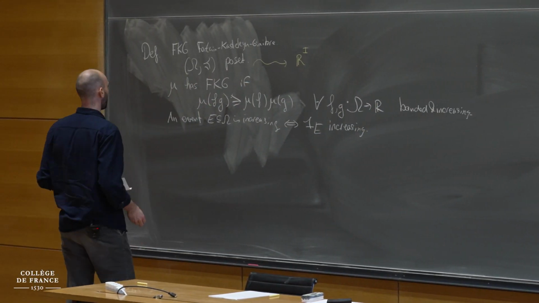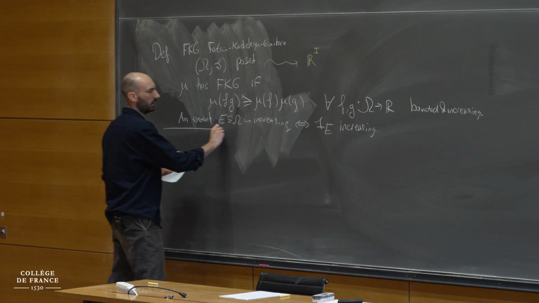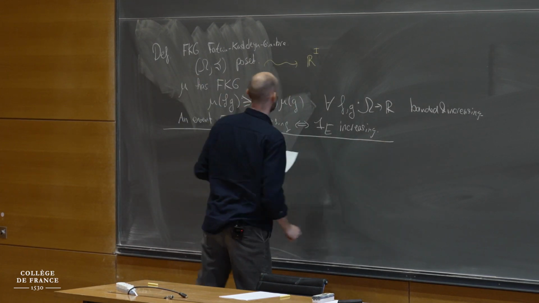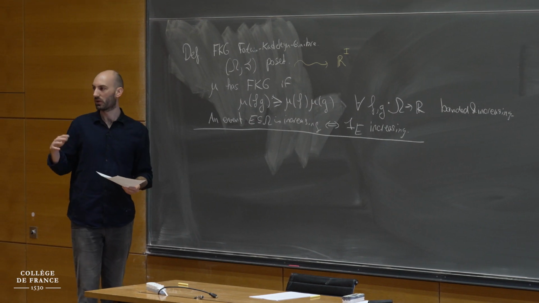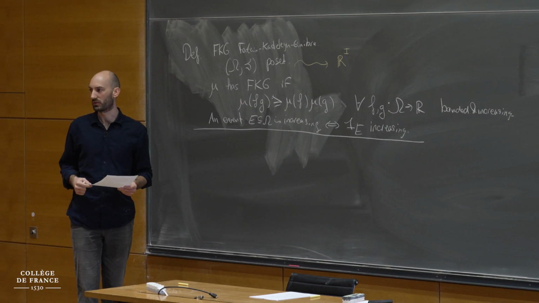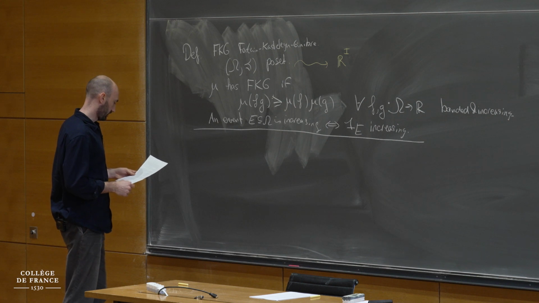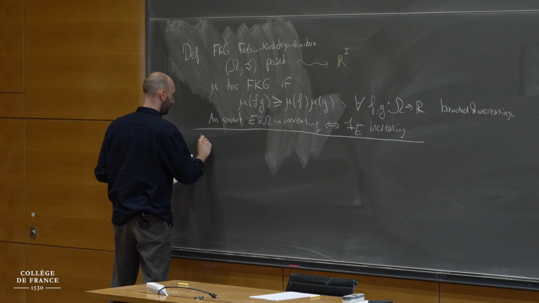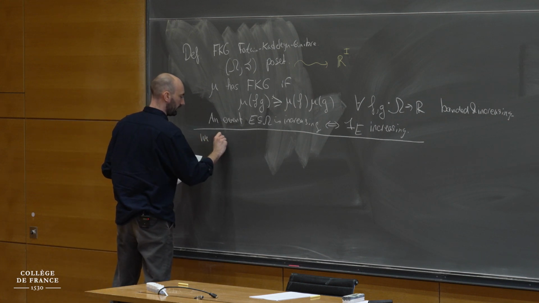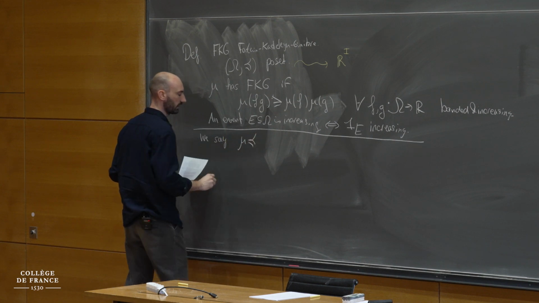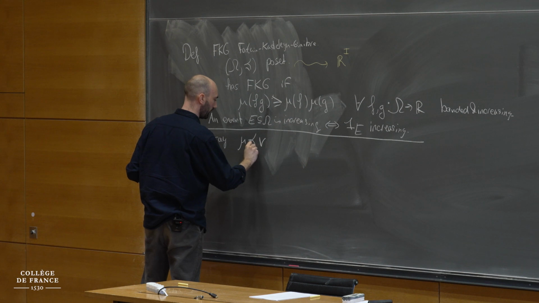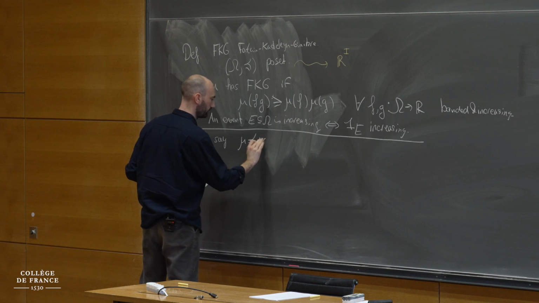Okay, and the first kind of trivial observation is that you can use the FKG inequality to see that certain measures are stochastically dominating other measures. Right, so we say that mu is stochastically dominated by nu, and we write it like this.